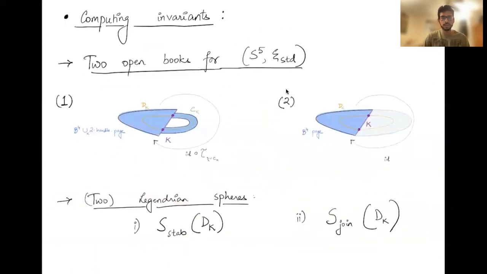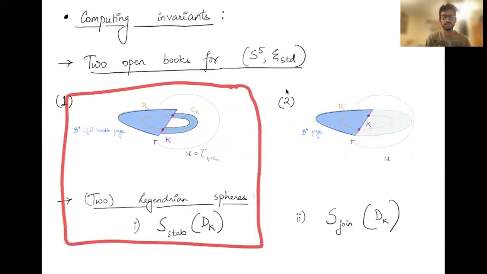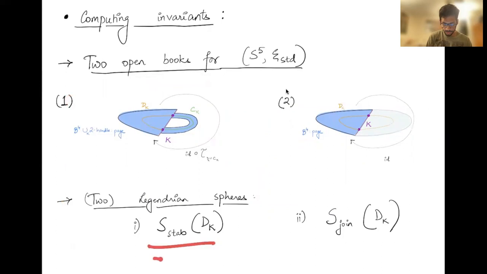Okay. So to compute invariants for these spheres, we'll consider another construction of Legendrian spheres from dk. So we already saw how to construct the stabilizing sphere from dk, S stab dk. So the other one we'll call S join dk.